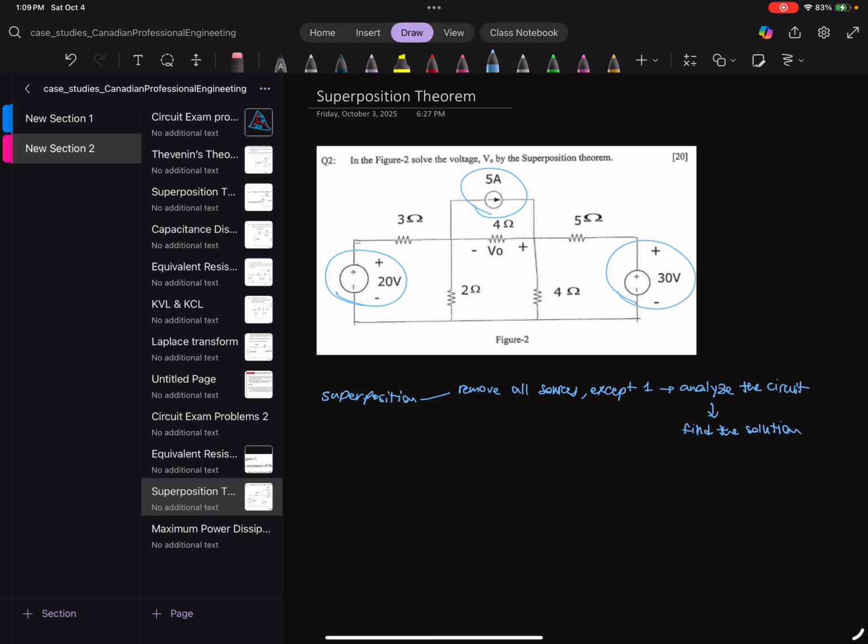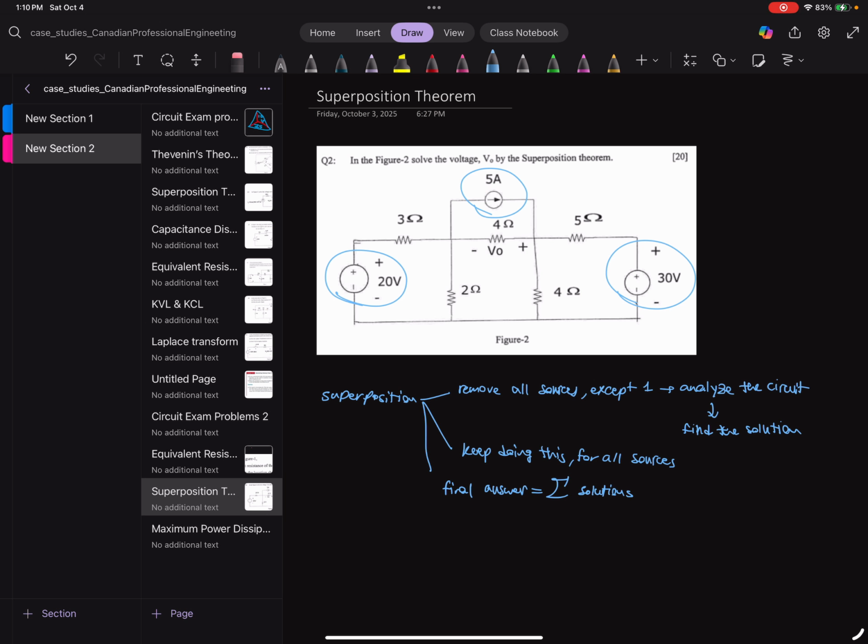And then you keep doing this till you have considered all the sources. And then the final answer is the summation of all of the previous solutions.